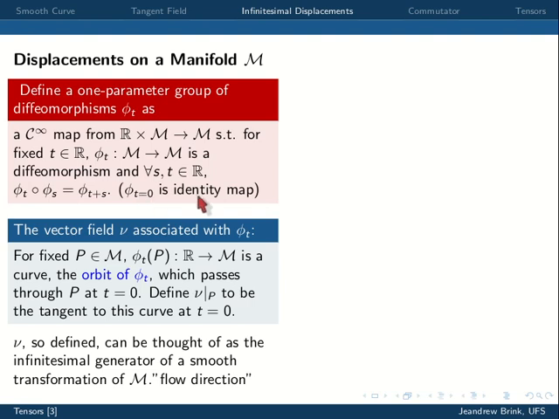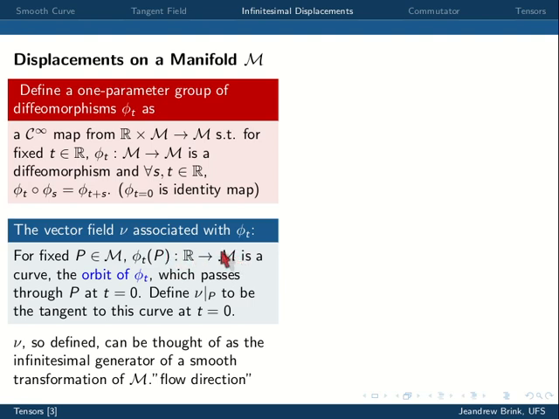And then what we did also is we wanted to try and associate a vector with a particular diffeomorphism. And so what we did was we said, let us look at a fixed point P. In other words, we fix an element of M, and then we look at the impact of changing this other parameter R for your fixed P. And what you then have is a restricted map from R to M, your manifold.